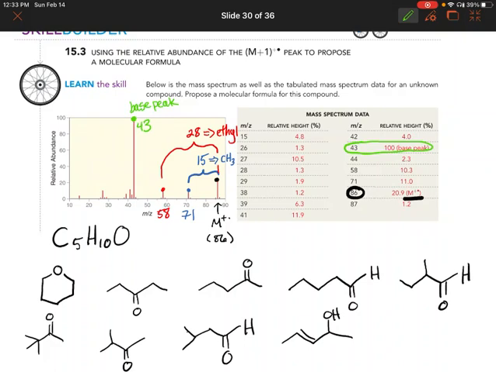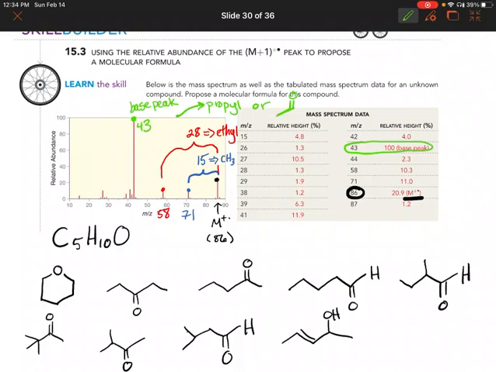And 43 would either tell me I have a propyl fragment, so a loss of 3 carbons, or it could also be due to a carbonyl group with a methyl attached there, just like we saw in the McLafferty rearrangement.